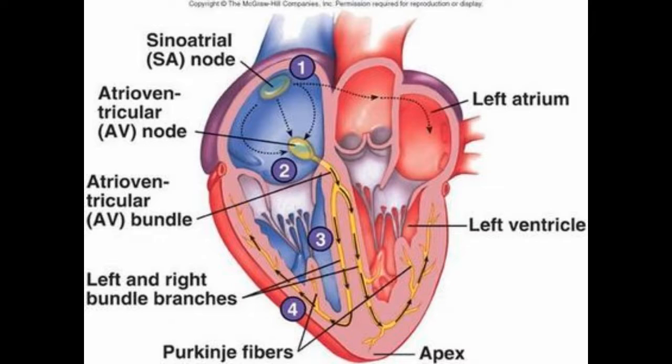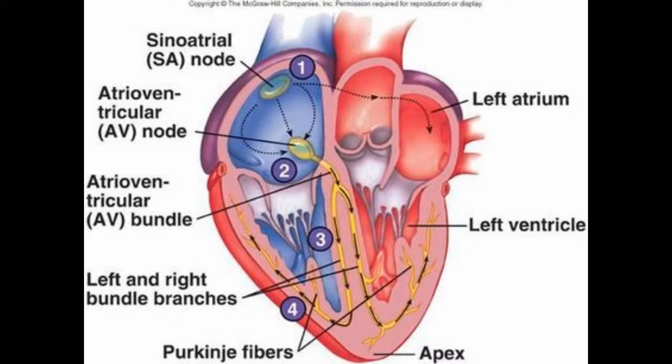After the electrical impulse has gone to the bundle of His, it then goes through both bundle branches to the Purkinje fibers. As you can see, the Purkinje fibers are all spread out like little fingers in the ventricle walls. That's the muscular wall of the ventricles. When that electrical impulse gets to those little fingers of the Purkinje fibers, that's what causes the contraction of the ventricles, therefore pumping our blood into our body and our lungs.